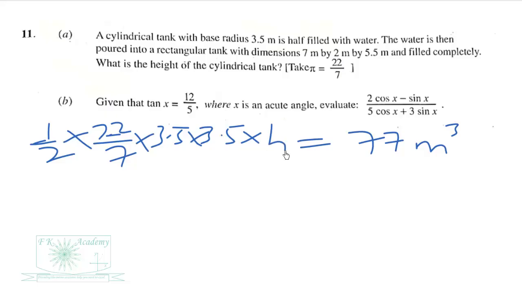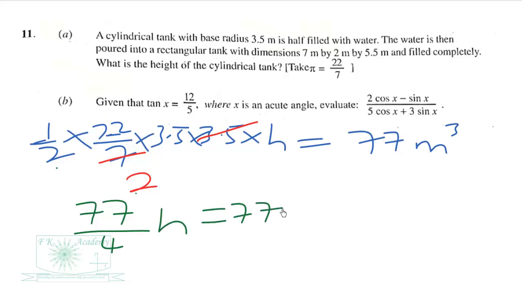We can cancel out this 3.5 and get rid of this. So we are going to get 22 times 3.5, and that will give us 77 over 2 times 2 will give us 4, is equal to 77. So we can multiply both sides by 4 over 77.